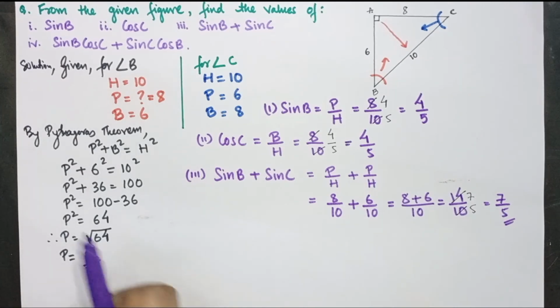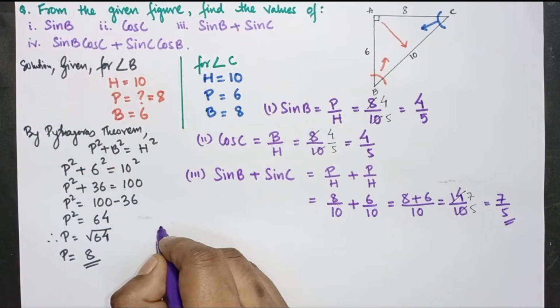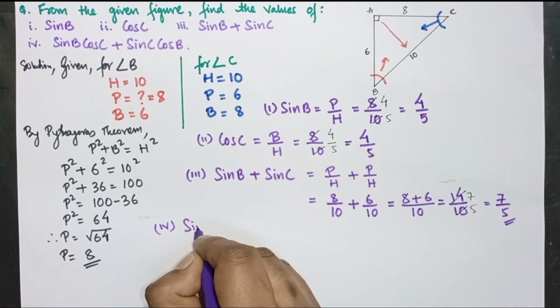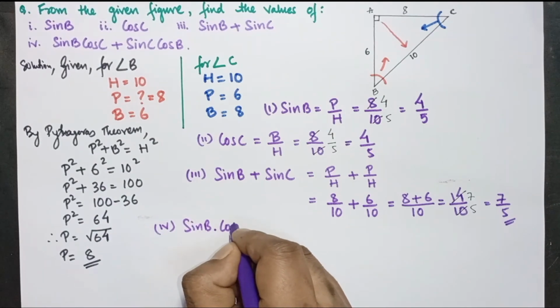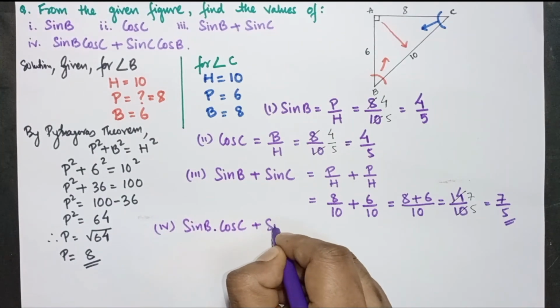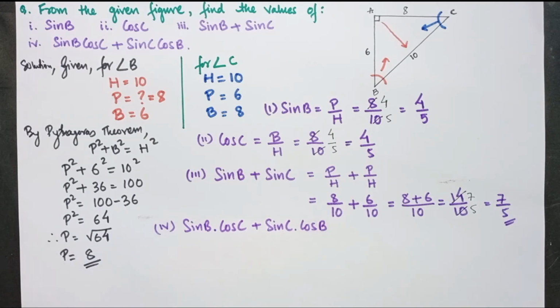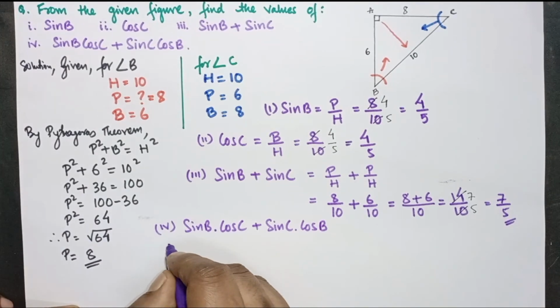Next, what you have, you can see here, number 4. Number 4, the last one we have, this looks complicated. So what do you have? Sine B cos C plus sine C cos B. Okay, so first obviously we have to put the formula.